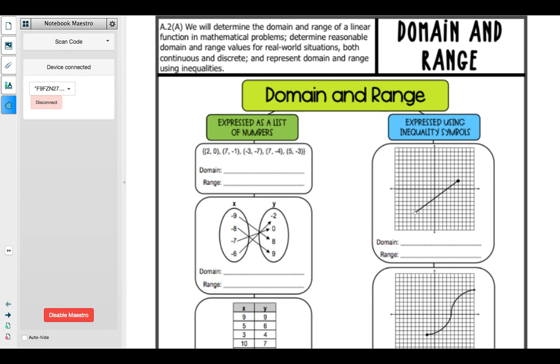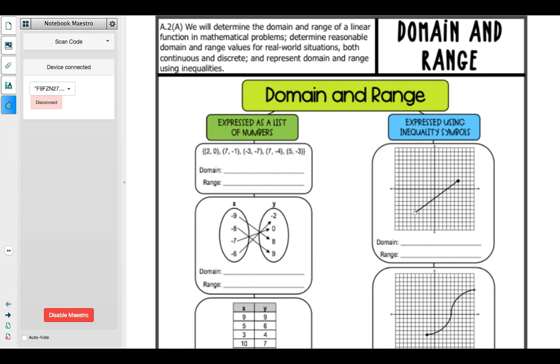All right, we will determine the domain and range of a linear function in mathematical problems, determine reasonable domain and range values for real world situations, both continuous and discrete, and represent domain and range using inequalities. Okay, so that has a lot going on.